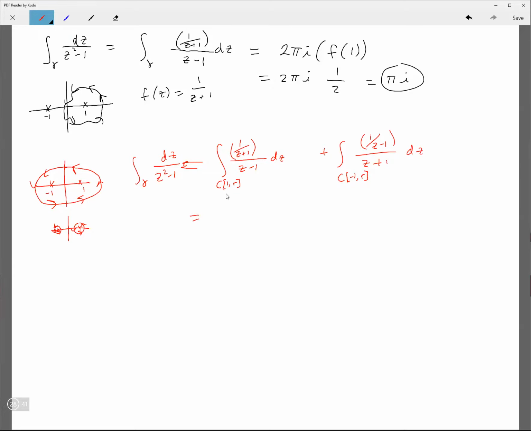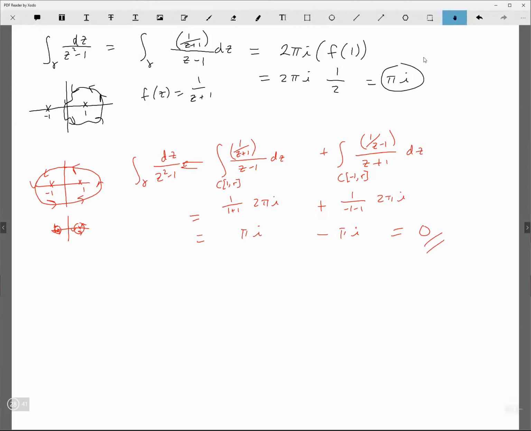If you plug a 1 into here, that's 1 over 1 plus 1 times 2 pi i. And then this one is 1 over -1 minus 1 times 2 pi i. So this is pi i, and this is going to be minus pi i. That's going to be 0. So that's an alternative way to do this.